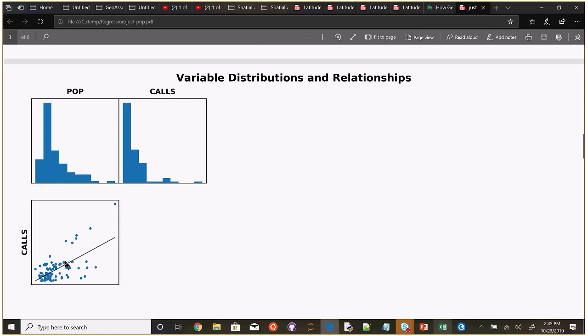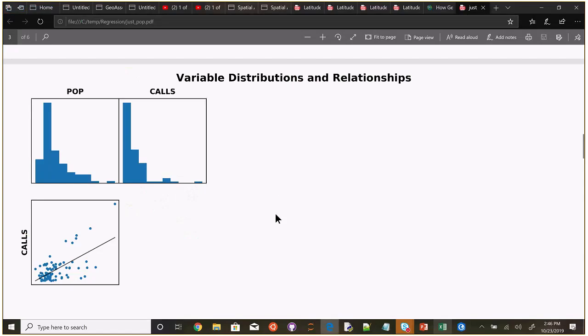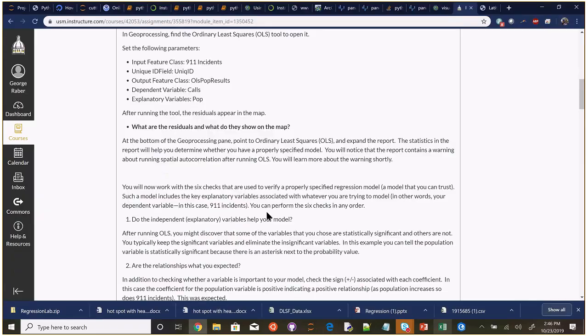The residuals are these distances between this line and each individual value. So what you could say for the answer to that question is that the residuals show the difference between the model, the linear relationship between the variables, and the actual value for that variable.